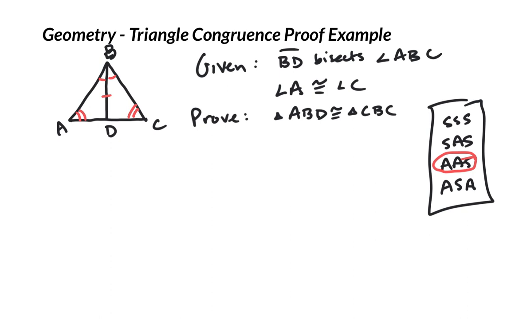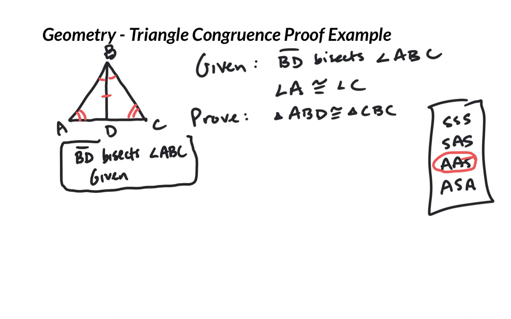Now, to use the flow chart, I'm going to begin by saying, okay, BD bisects angle ABC. And that was given. Now, you need to then state, well, what does that tell me? And basically, you're trying to use all of your reasoning here to say, well, what does that tell me to get me to angle, side?